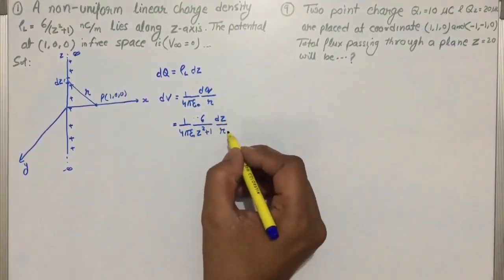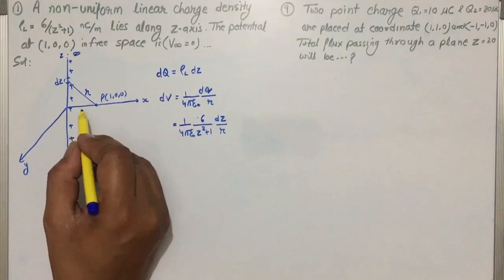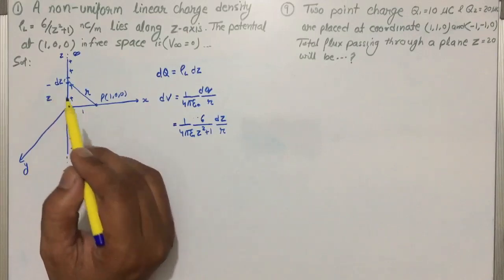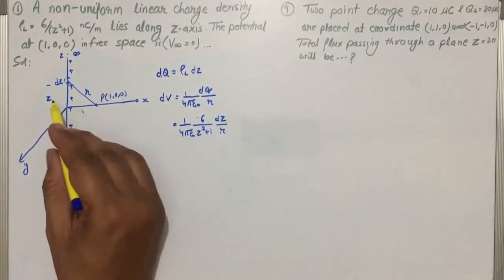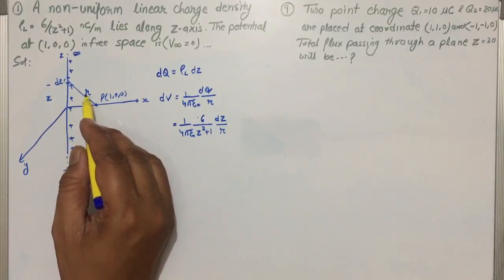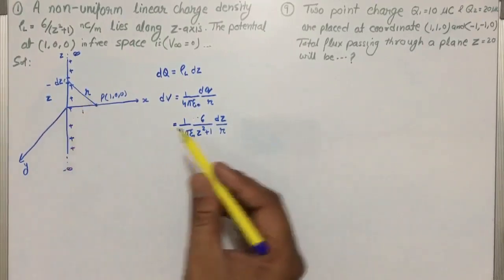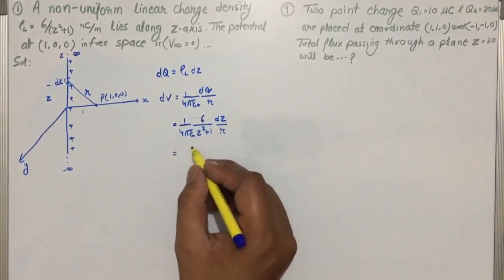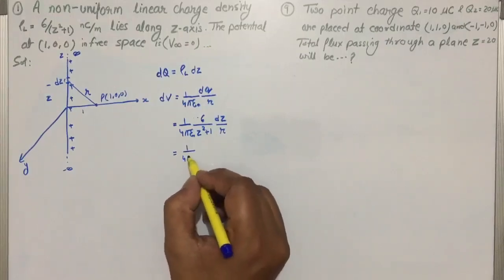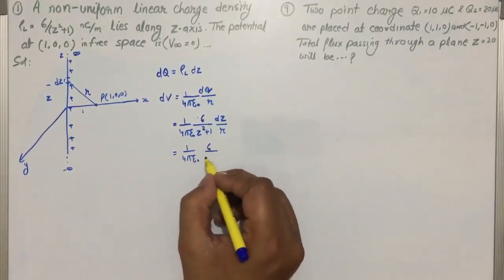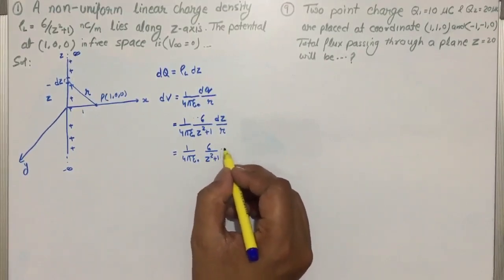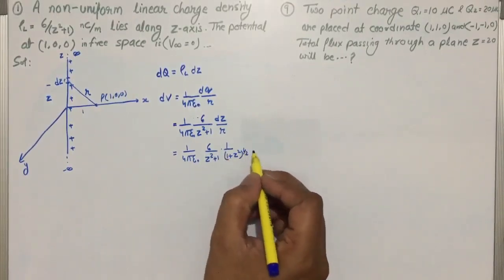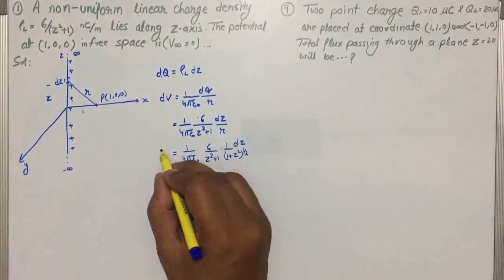R is at distance z from the point, so 1 square plus z square, under a square root, will be r. Writing r in terms of z, dV equals 1 by 4 pi epsilon naught times 6 by z square plus 1, times 1 by (1 plus z square) to the power half, with dz.